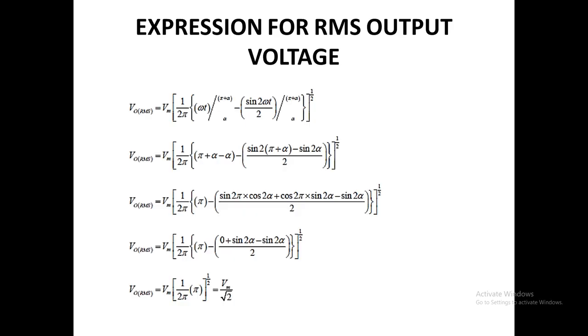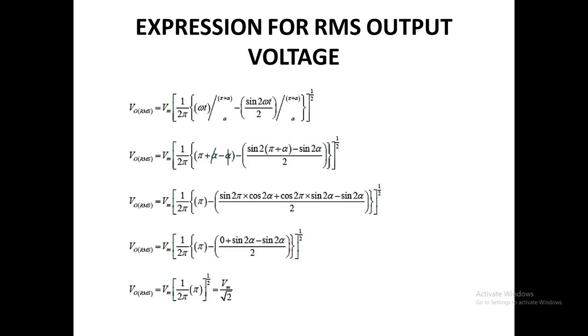So on substituting, pi plus alpha minus alpha gives pi, and sin 2 (pi plus alpha) minus sin 2 alpha. So sin (2 pi plus 2 alpha), we can substitute the sin (a plus b) formula: sin 2 pi into cos 2 alpha plus cos 2 pi into sin 2 alpha, minus sin 2 alpha.